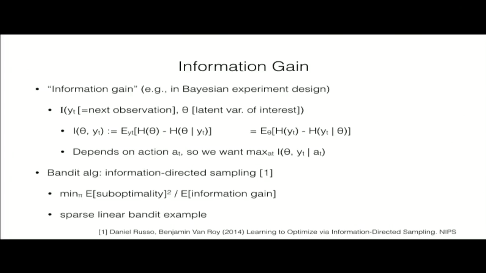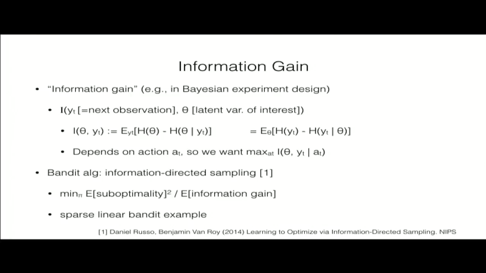So it's entropy of our latent variable before our measurement minus entropy of our latent variable after the measurement, and expectation over all measurements of that. And that's equal to the entropy of our actual outcome minus entropy of outcome given our underlying latent variable. But this is the one that we're actually going to measure in practice.